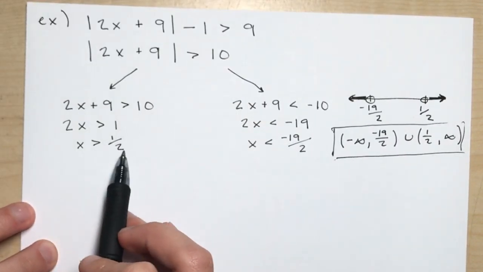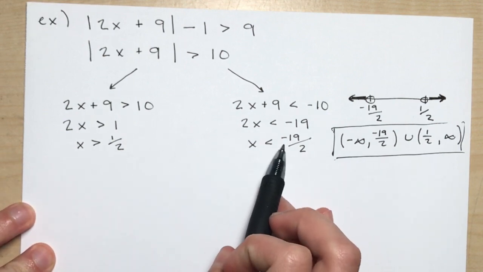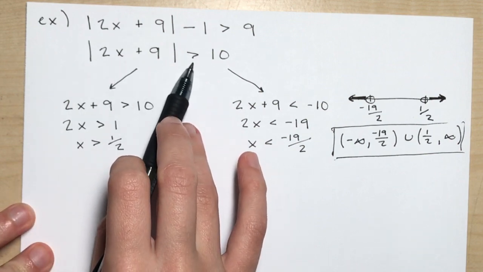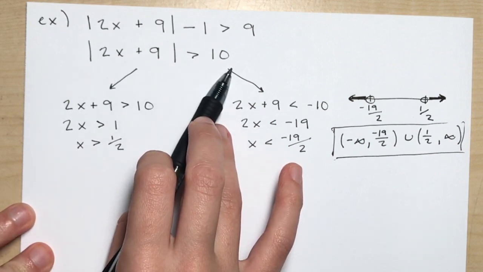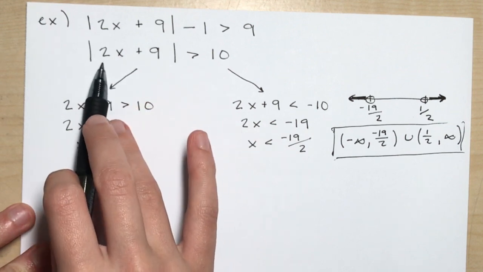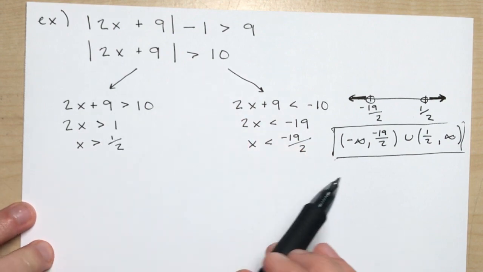These are the values whenever x is greater than 1/2 or less than negative 19/2 that make 2x plus 9 greater than 10 or less than negative 10, right? So the distance of this being larger than 10 from 0.